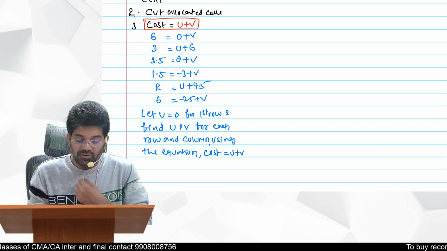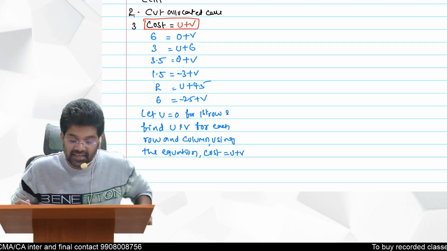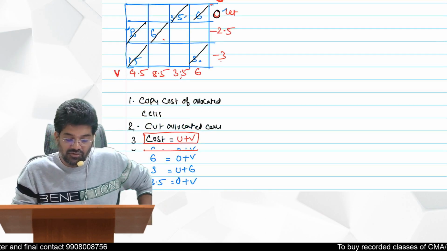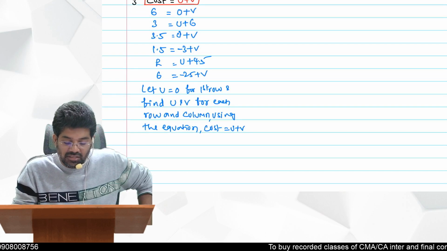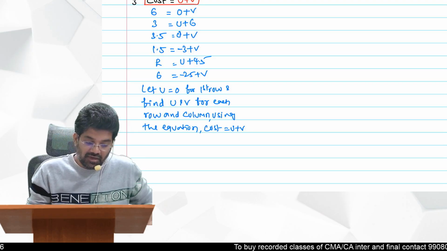That is exactly what we have done, using this equation only. First take the first row u value equal to 0. Then cost is equal to u plus v, and you can find the values.